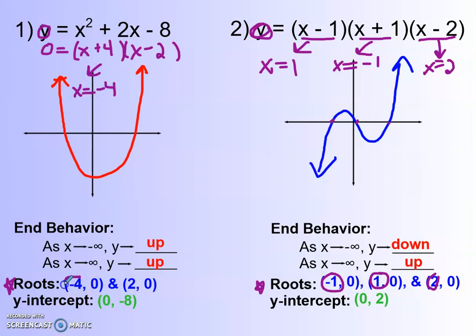And notice negative 4, 0 is a root. I'd get x equals 2. And notice 2 is a root. So one thing we noticed right away is that roots are called zeros because the y value is 0. And if we have an equation that's factored already, finding the roots is kind of easy. But what I really want to focus on now is the end behavior.